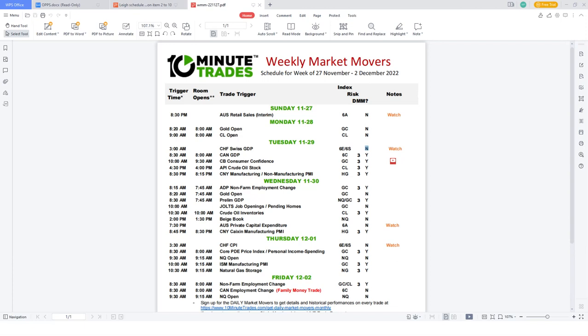But just remember, when you sign up for the daily market mover, the weekly schedule lets you know if a daily market mover is available for a particular event. If it says yes, then you should get an email of a daily market mover the day prior to the event.